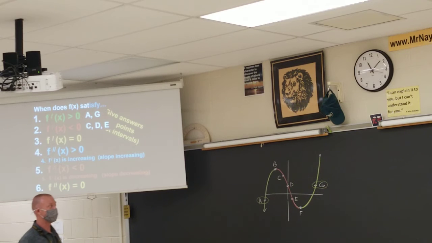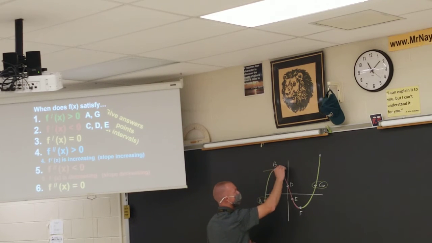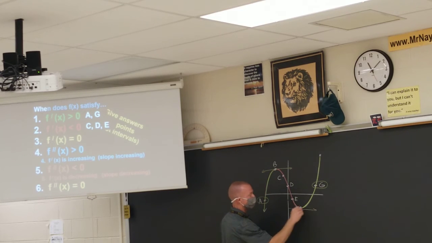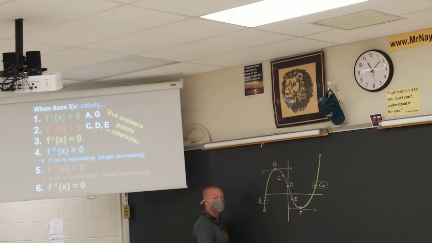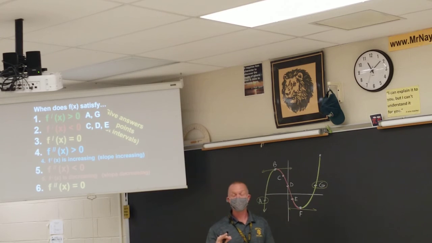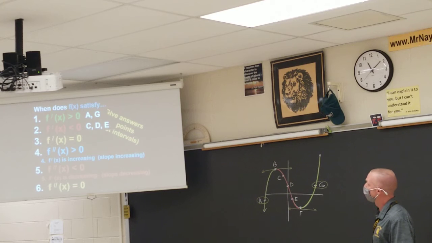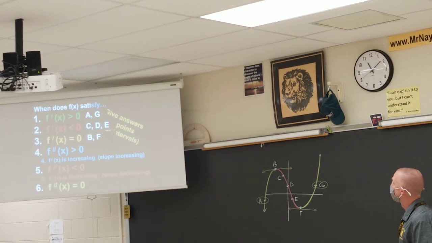It's also one of the main ideas: when a slope is equal to 0, in other words a tangent line is horizontal, that's always going to happen at an extreme value. So the third statement is really just fancy talk for where are the extrema. So it has to be B and F.